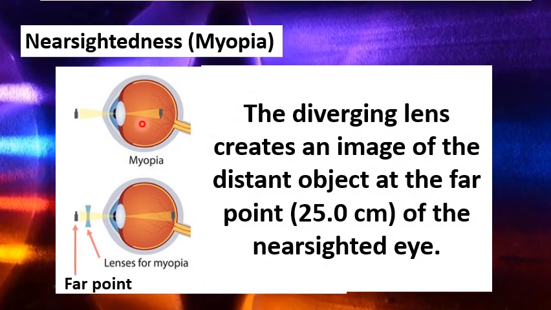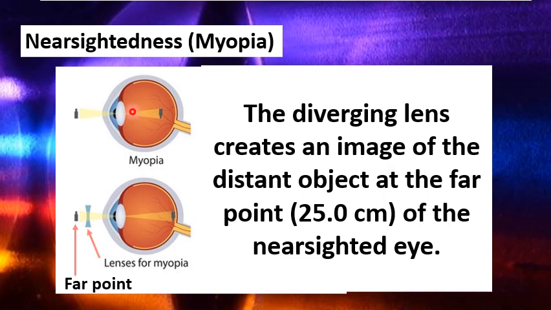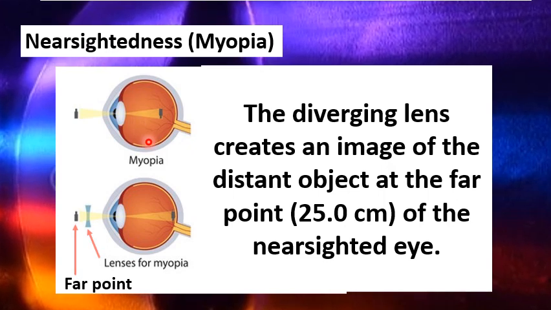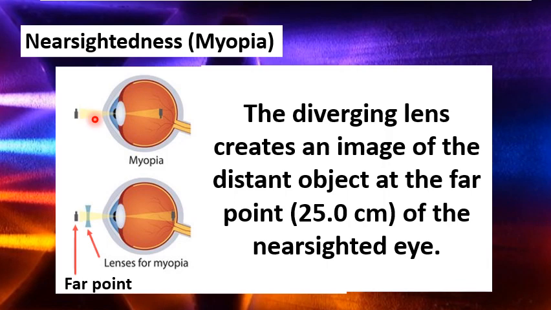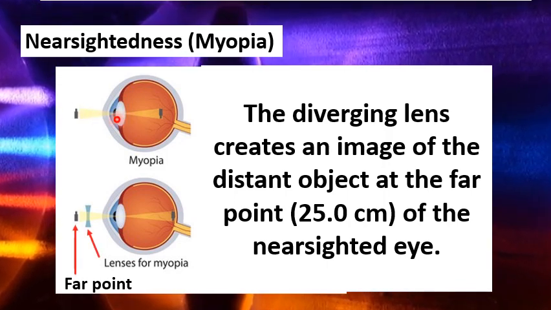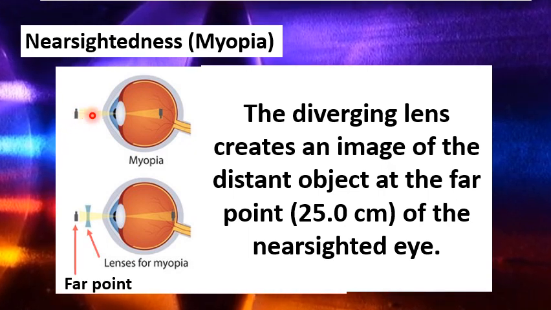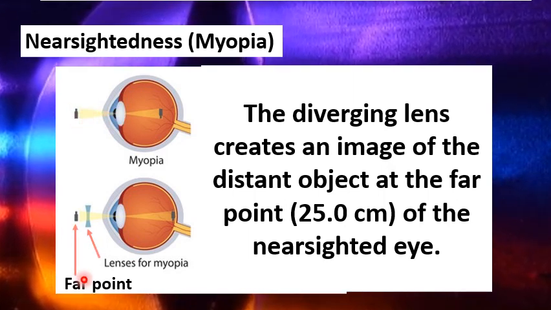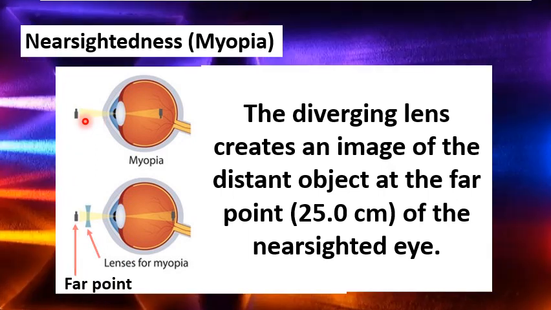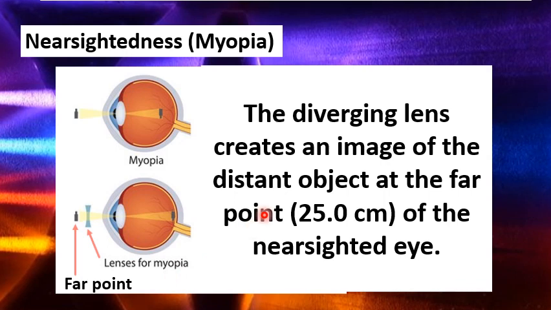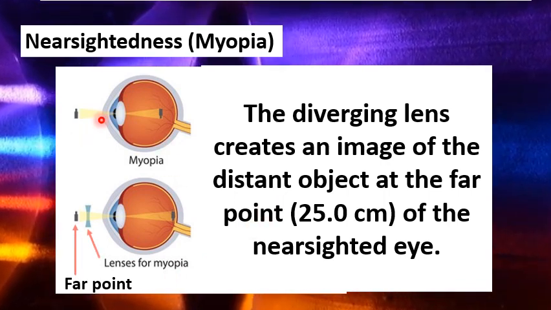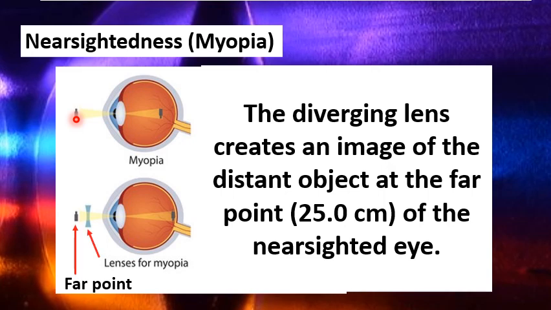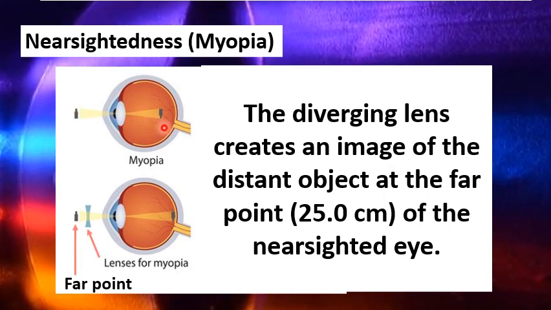For a myopic eye, or a nearsighted eye, the problem is it cannot see clearly the image of a distant object beyond a point known as the far point. This far point is an imaginary point in front of the eye, beyond which objects appear to be blurred.